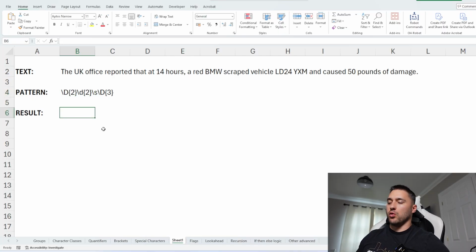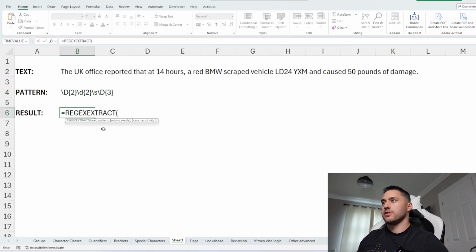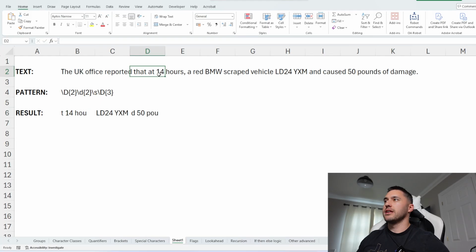And I'm going to highlight a flaw with this approach here. So we want to REGEXTRACT from this text, this pattern, and give us all matches. You'll notice we're actually capturing here this T space, that's 2 non-digits, space is a non-digit, then 2 digits, and then 3 non-digits, a space and H and O. So that's this one here. The point of me doing this wrong is to remind you to be specific when writing your patterns.